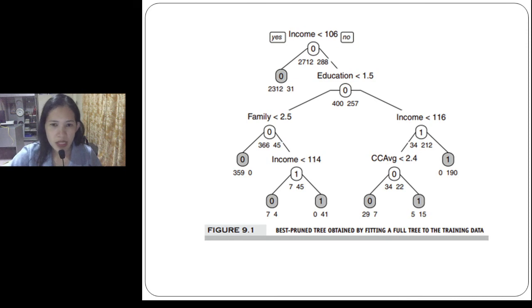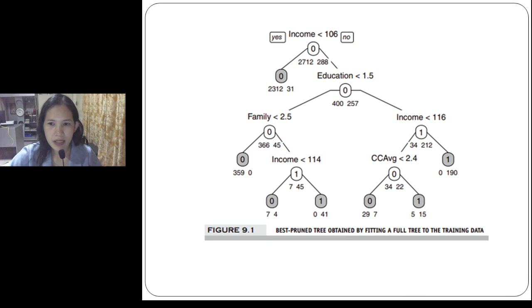Consider the tree in this example. The gray terminal nodes are marked with 0 or 1, corresponding to the classes non-acceptor, which is 0, or acceptor, which is 1. The values above the white nodes give the splitting value on a predictor. The values below the nodes give the number of records in the split.